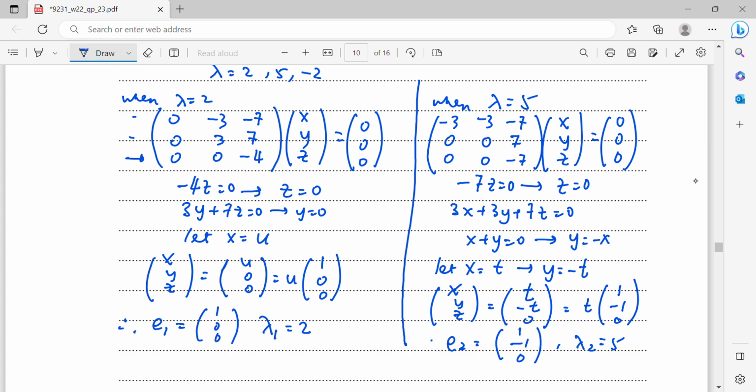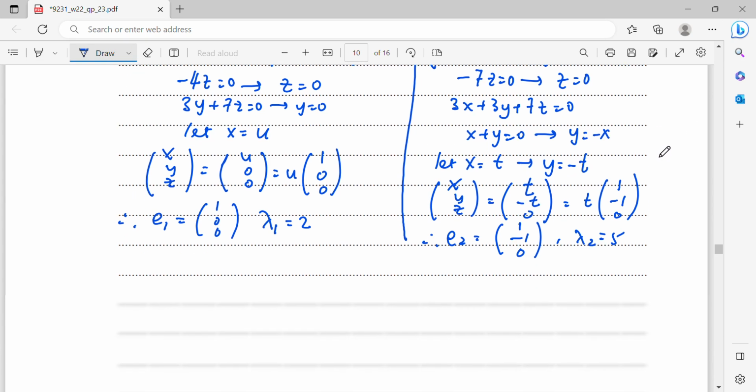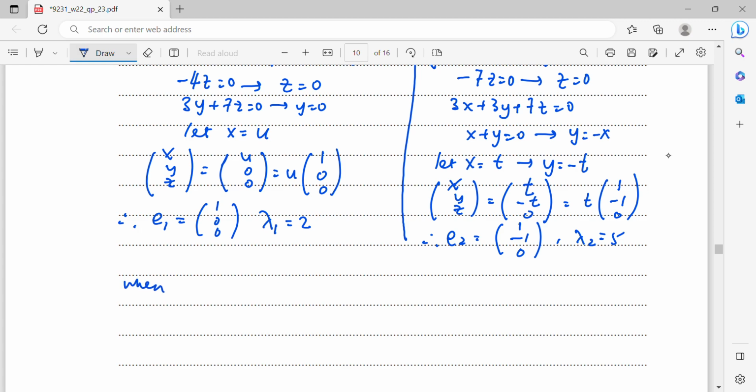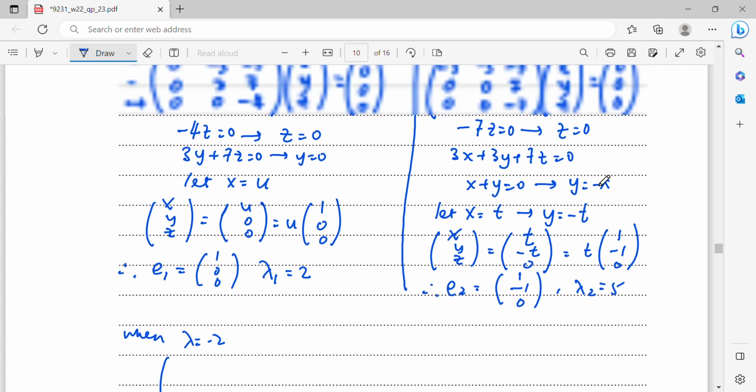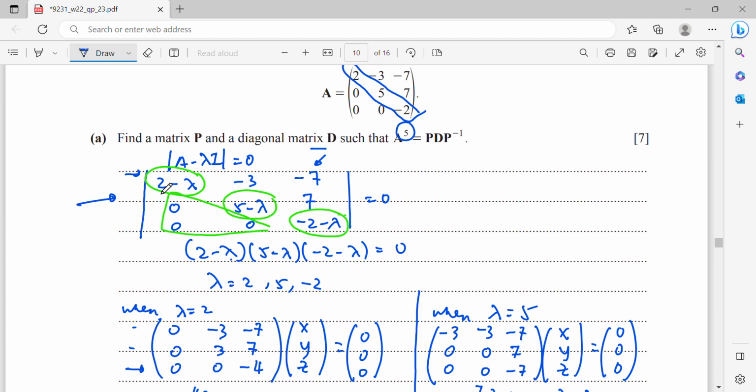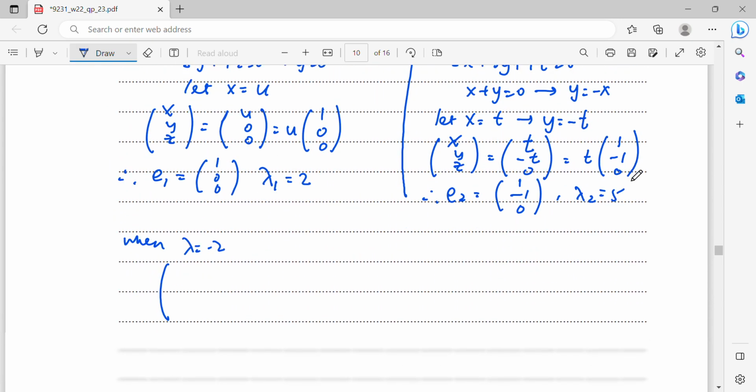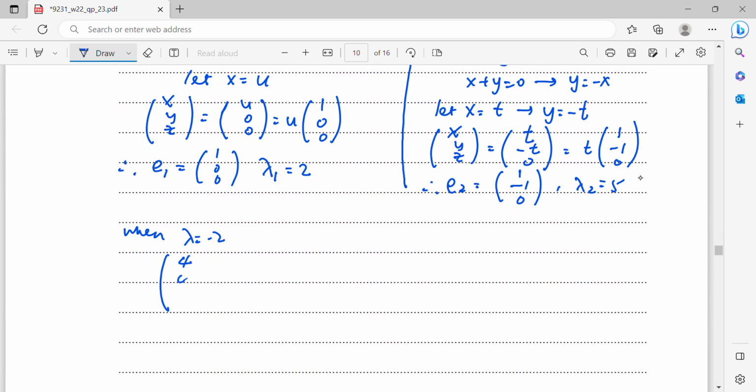Now, solve for lambda equals minus 2. So when lambda equals minus 2, the first one, 2 minus minus 2, will be 4. So the first column becomes 4, 0, 0. Okay.